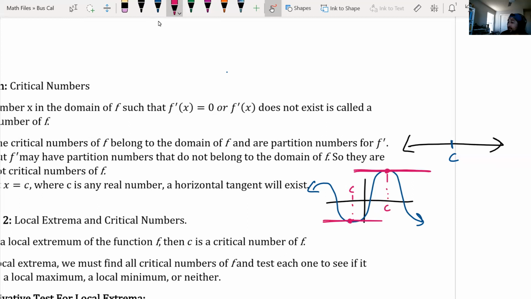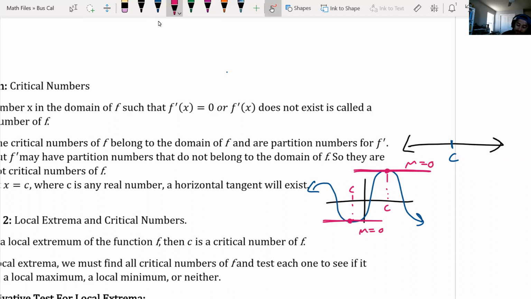And this only makes sense because when you find critical numbers, you set the derivative equal to 0, which means you are setting the slope equal to 0. And the only types of lines that have a slope of 0 are horizontal lines. So whenever you find critical numbers, you're also finding where horizontal tangent lines exist.